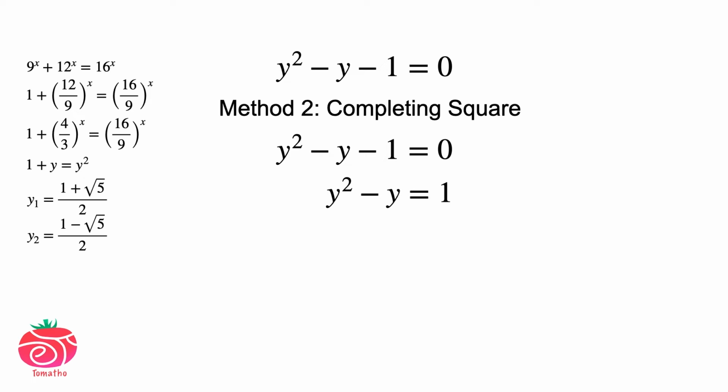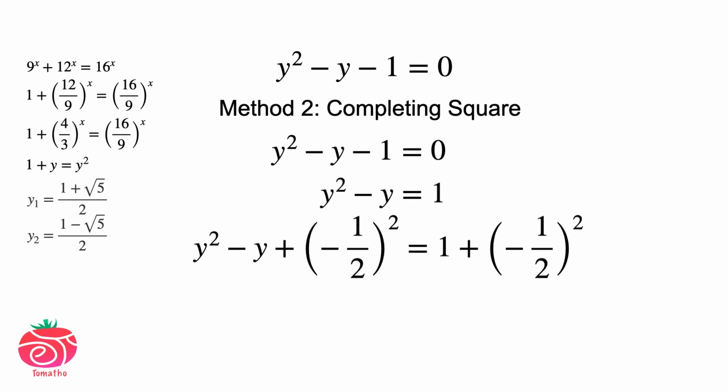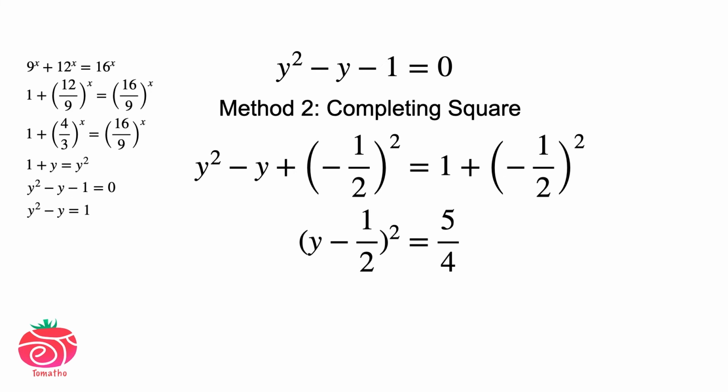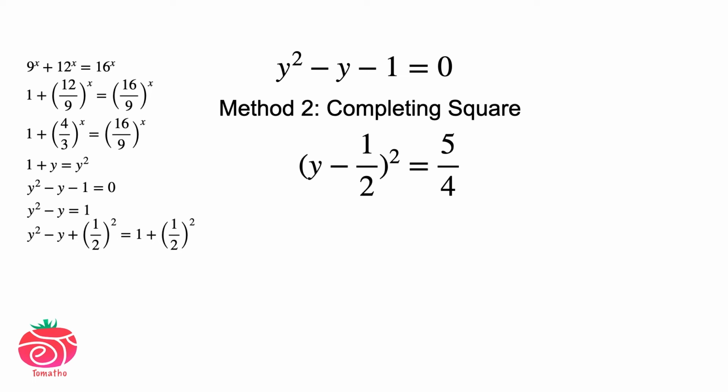So, to complete the square, we add (minus 1 over 2) squared to both sides, like what is illustrated here. On the left-hand side, we can rewrite it as (y minus half) squared, right? Then we compute the right-hand side, which is 5 over 4. So we have (y minus half) squared equals 5 over 4.